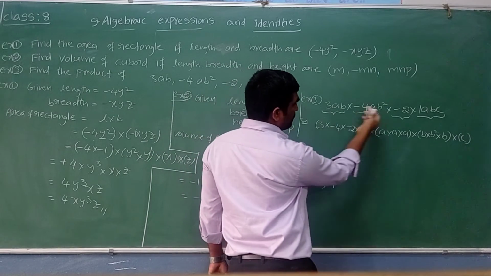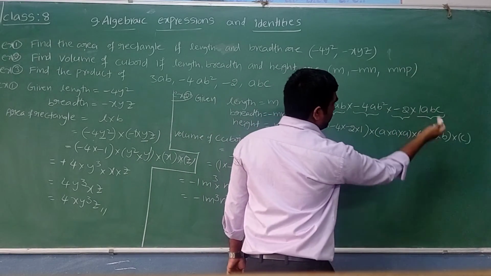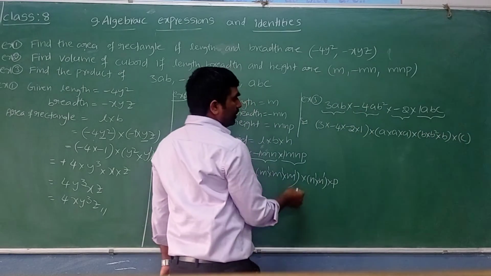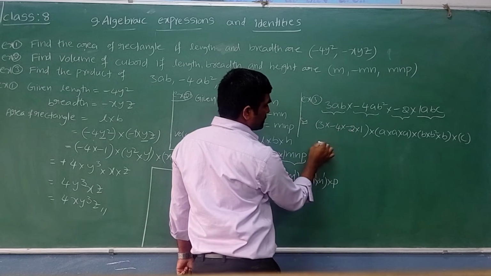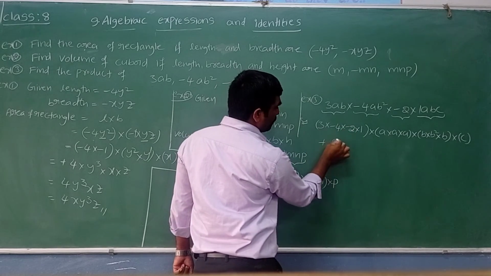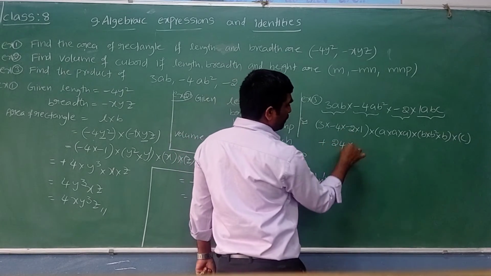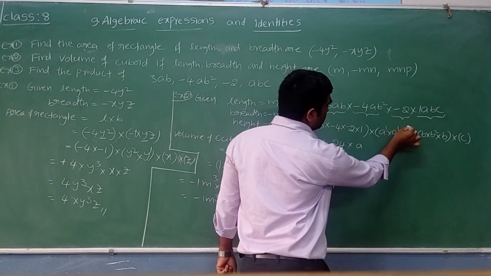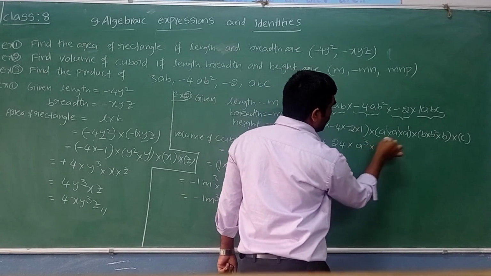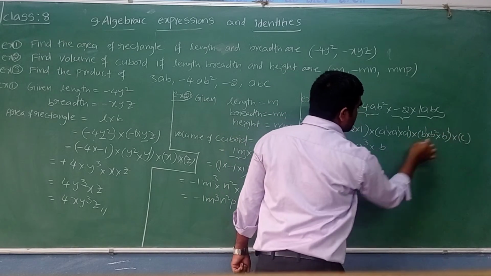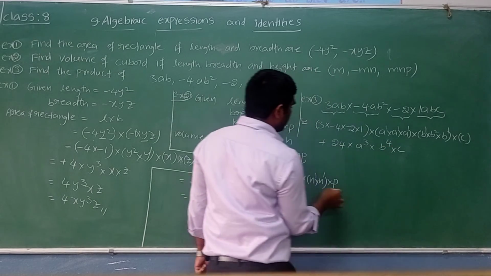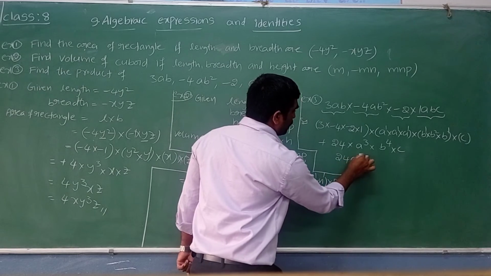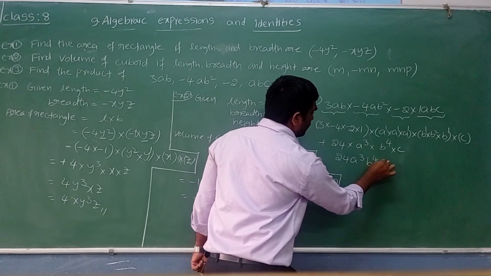Multiply symbols: minus into minus is plus, 3 fours are 12, 12 twos are 24, into a to the power of 3, the resulting power being the sum of the powers, into b to the power of 1 plus 2 plus 1 is 4, into c. The final answer is 24 a cube b to the power of 4 c.